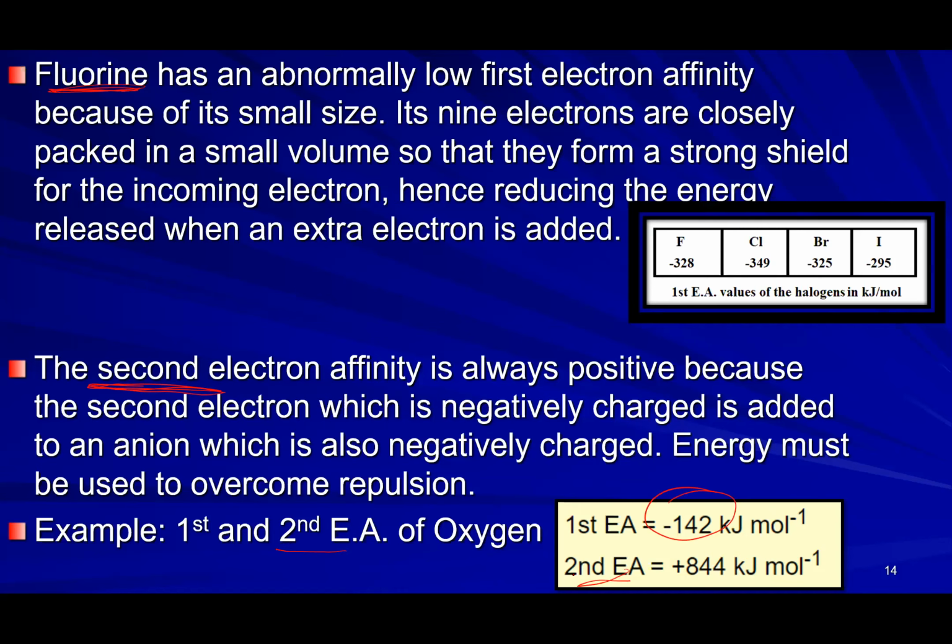But for the second, it is always positive because we have a negative particle which attracts an extra electron, which is also negative. So we have to force a negative particle to attract another negative particle. We are about to combine two negative particles, so we have to supply energy, making it positive.